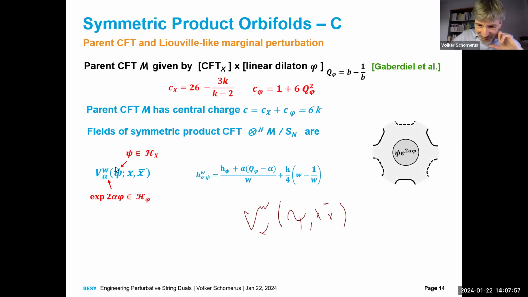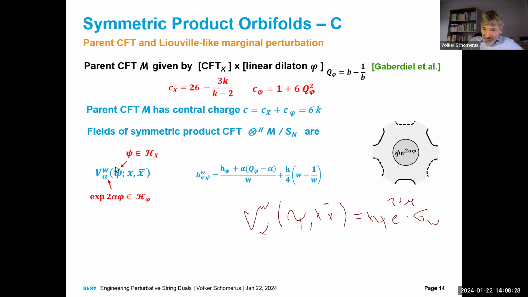Sorry, that's just done with my fingers, and I would have to start my iPad to get a more professional looking formula. So what I mean is basically you take the twist field that I had before with index W, and now you act with it. The fields in the parent theory are product fields of psi, and then in the linear dilaton we take these exponential vertex operators, which I had written here, to alpha phi.